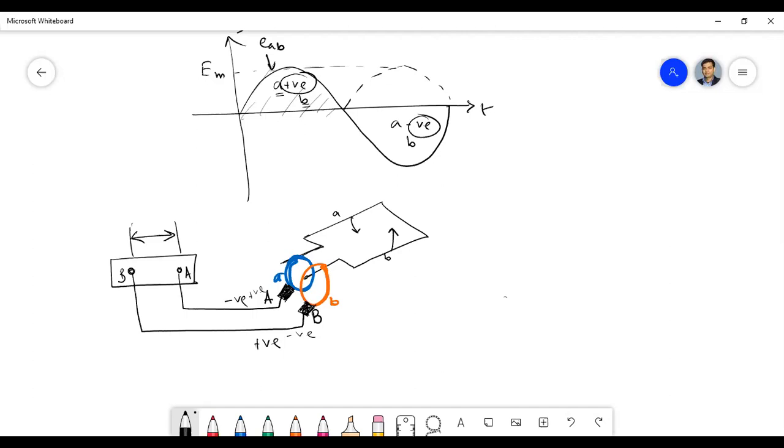This type of arrangement to keep the waveform intact is called the slip ring arrangement, and these two are the slip rings. Here these two rings will rotate with the two coil terminals. The way the terminals rotate, the rings will rotate, and for each terminal there is one ring.